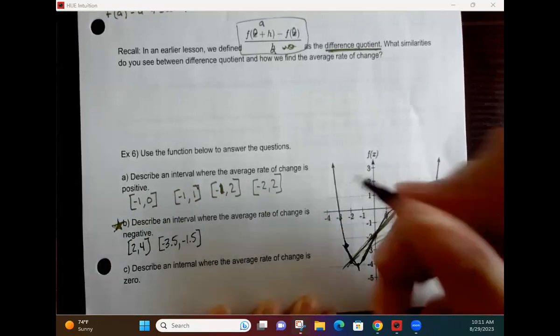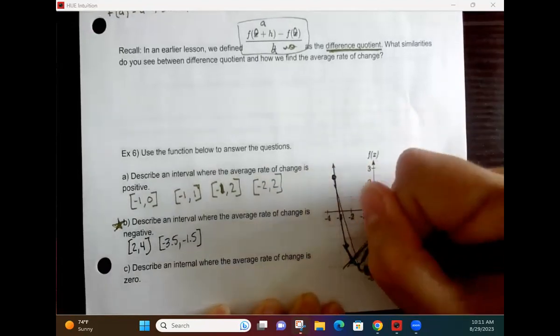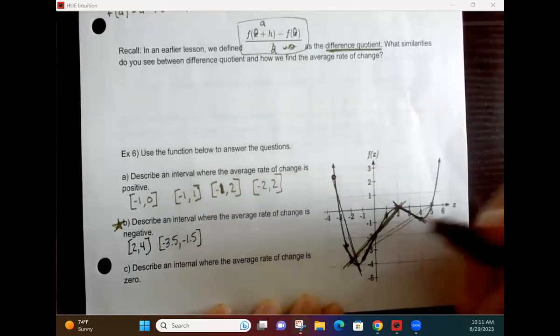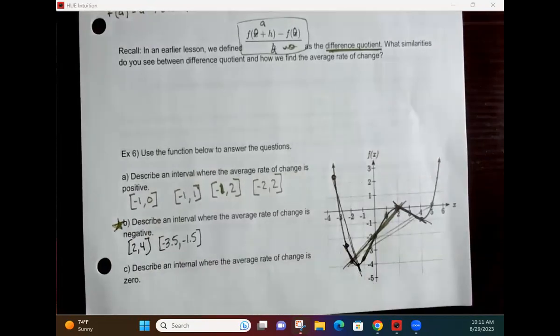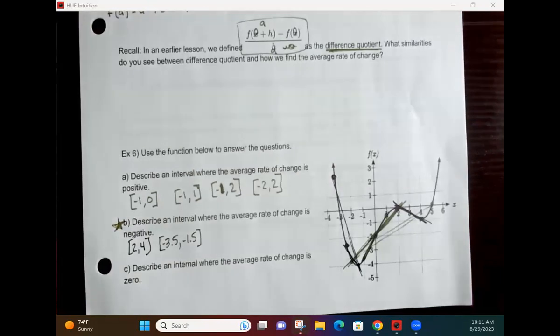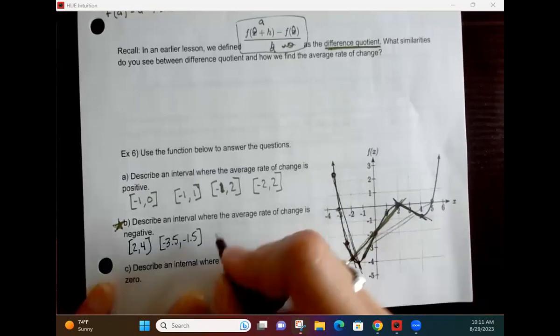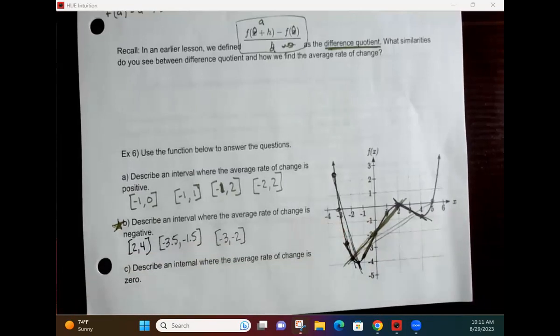Wait, hang on. 3.5 would be here. There we go. Well, -2.5 to -1.5 would be another one that would work. But yeah, you had a longer one. -3 to -2. That would work. Yep.